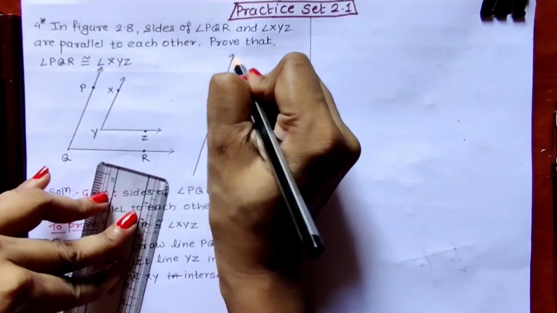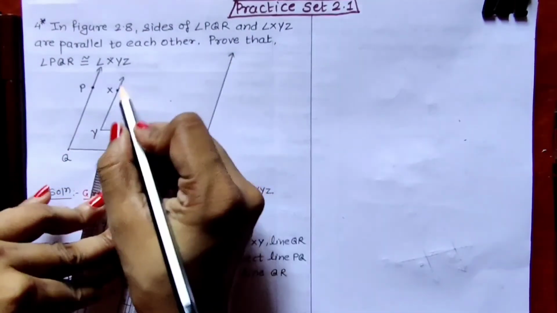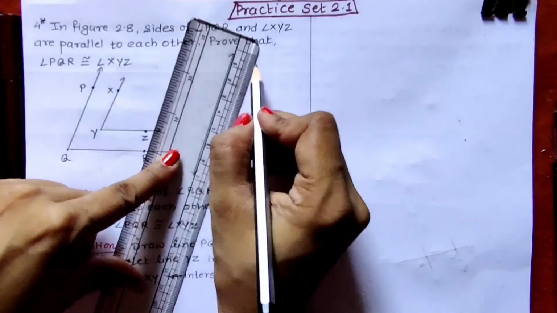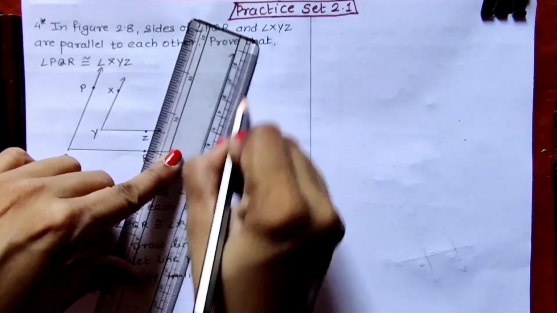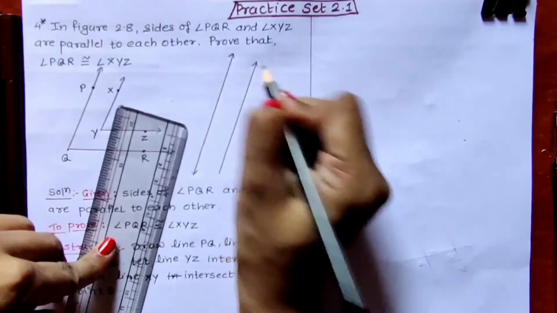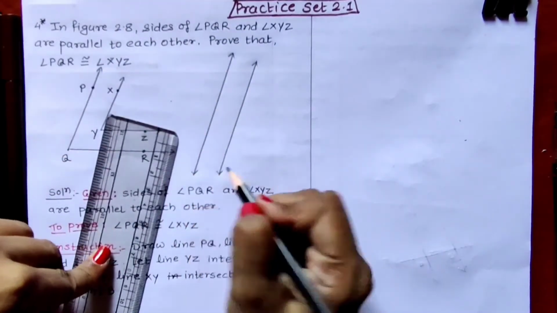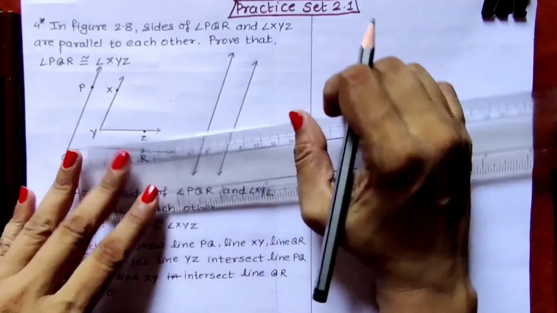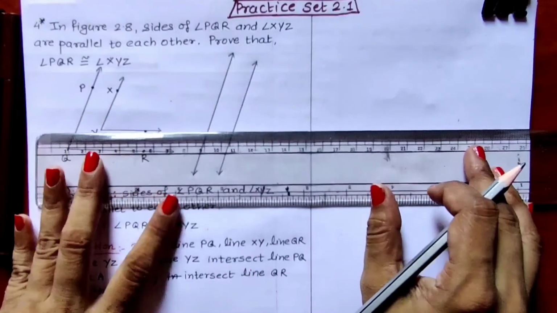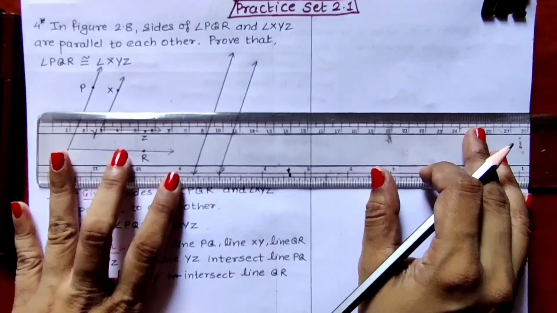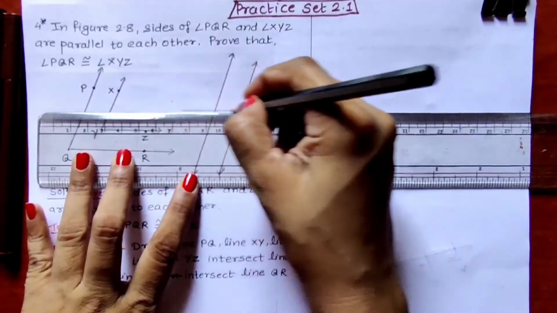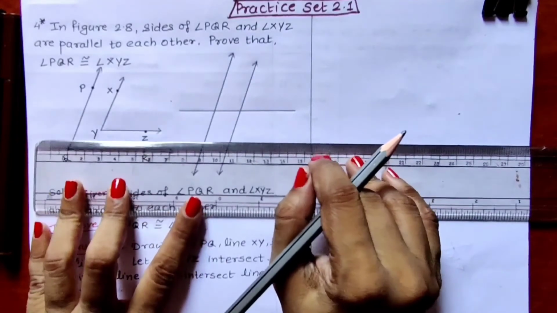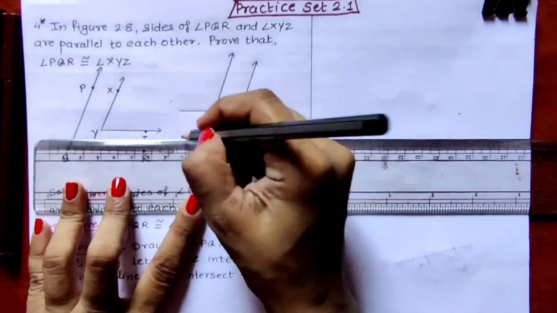Then I will be drawing this XY also. These are the parallel lines, so you should always check that the distance between these 2 lines should be same. And then this line YZ I will be drawing a little up so it will be visible properly. YZ and then QR.